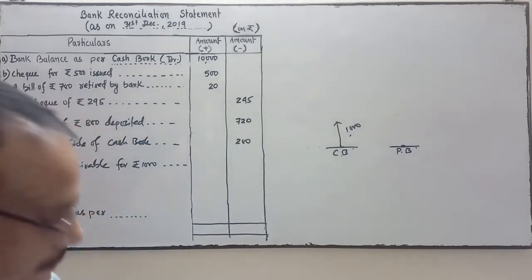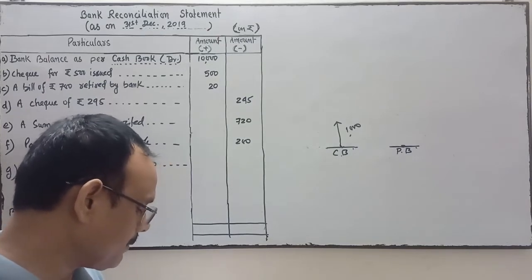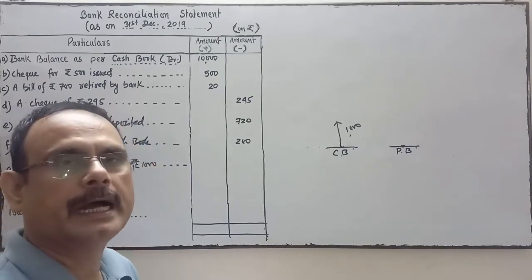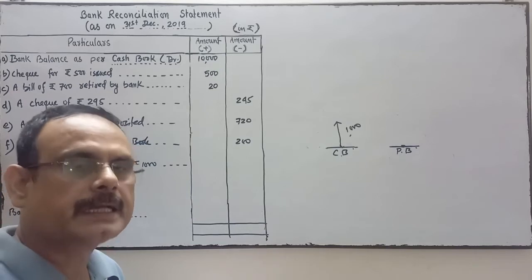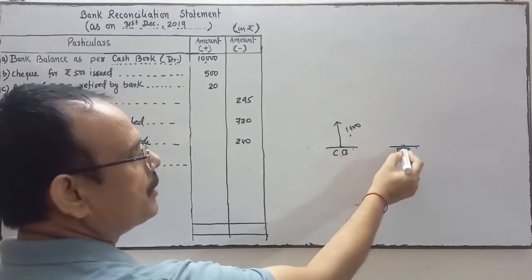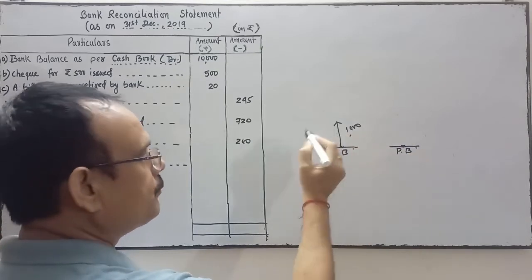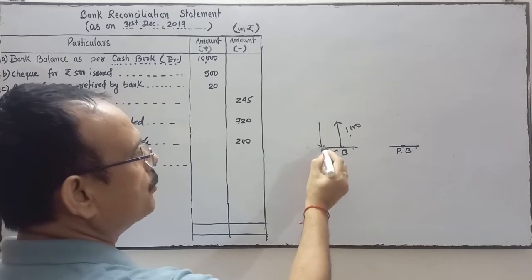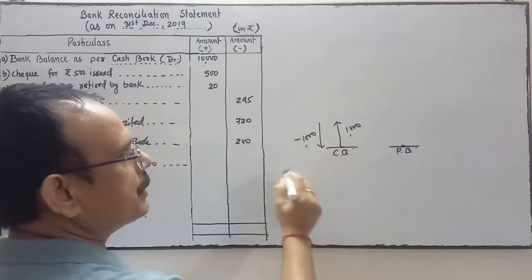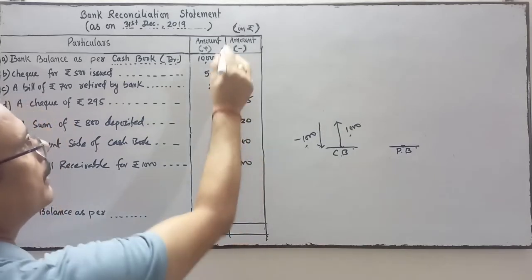The entry of dishonor is not done in the cash book. So cash book is increased but passbook is not increased, and after the dishonor cash book is not decreased. So what we will do, we will decrease the cash book by 1000 to make the balance equal with the passbook. So 1000 will be in minus column.